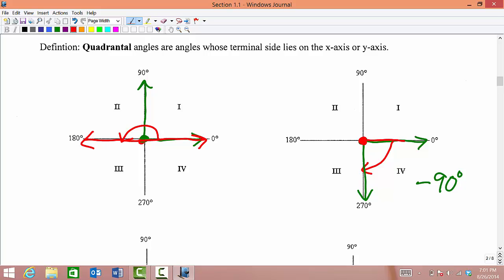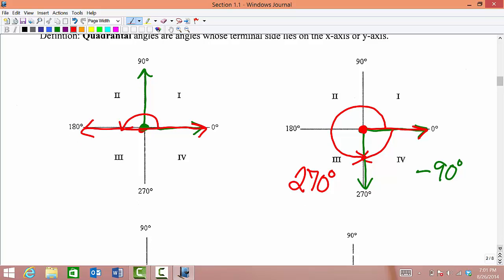Notice that if my initial side laid on the positive x-axis and I went in the positive direction to stop at that same exact terminal side, that same initial and terminal side could also be described as 270 degrees. These two angles have exactly the same initial side, exactly the same terminal side. The only thing that makes them different is the amount of rotation and the direction of the rotation.